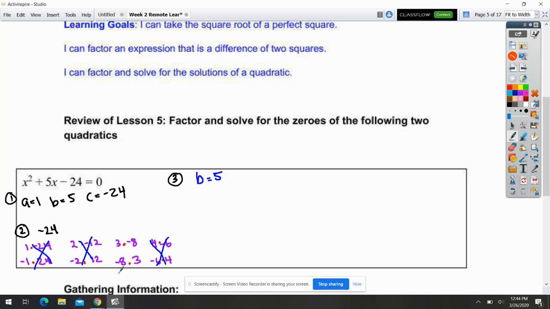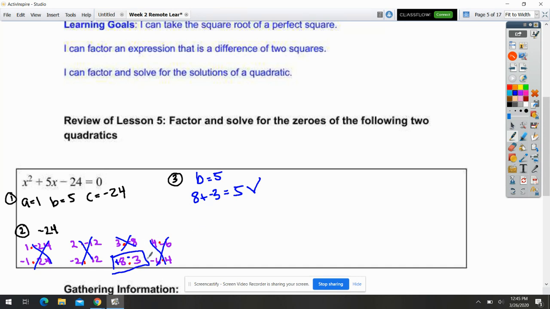3 plus negative 8 is negative 5. So that's no good. But oh, this is supposed to be positive 8 and negative 3. Yep, so positive 8 and negative 3 is going to work because we have 8 plus negative 3 equals positive 5. So those will be our factors. Sorry about that before.